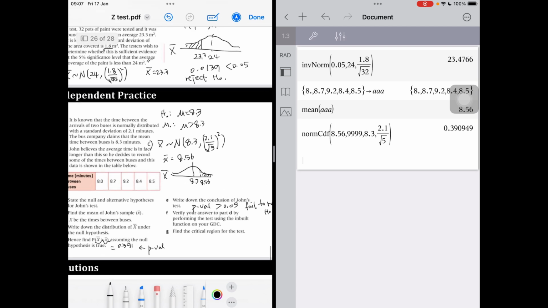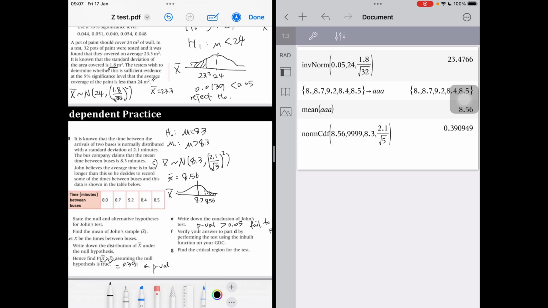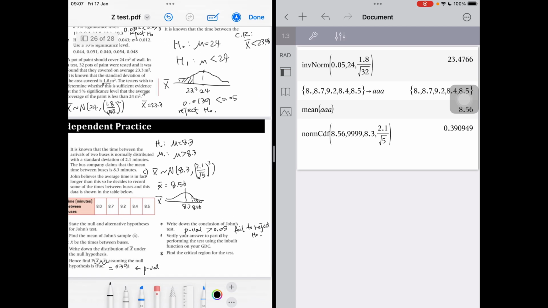There is no sufficient evidence to claim that the average time between the arrival of two buses is longer than 8.3. So we don't have that evidence. Now verify by performing the test.